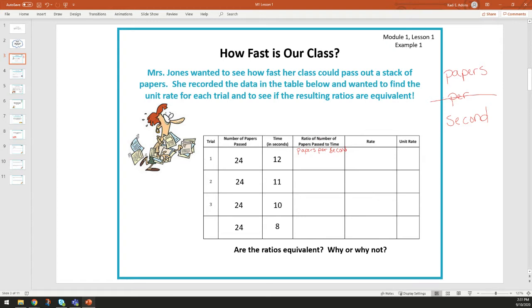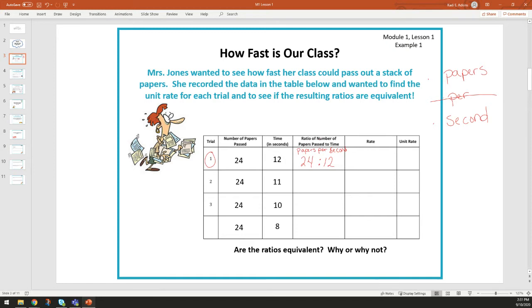That tells me that my papers is going to be on the top of my fraction or ratio, or the numerator, and my seconds are going to be my denominator or the bottom part of my fraction or ratio. So for trial number 1, we have 24 papers passed in 12 seconds. So that ratio is going to be 24 to 12.